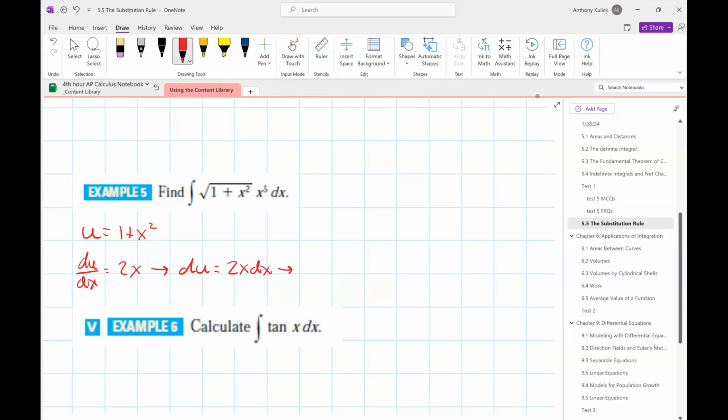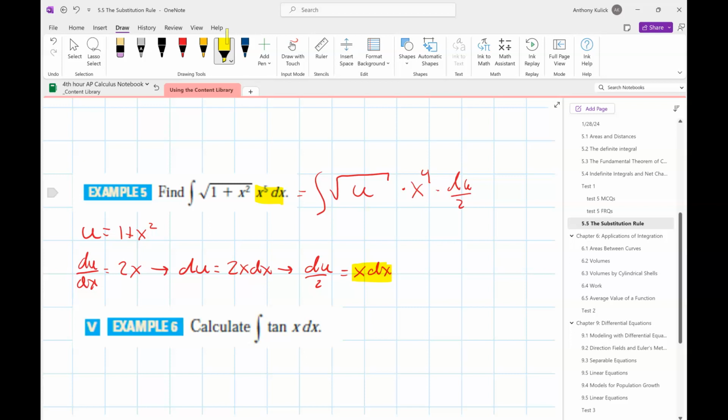Now I don't have a 2 anywhere up there. Now what's the problem? You saw the x to the fifth. Well, I don't have x to the 5th. I'm going to have an x to the 4th, right? Because one of those x's is out with the du over 2.